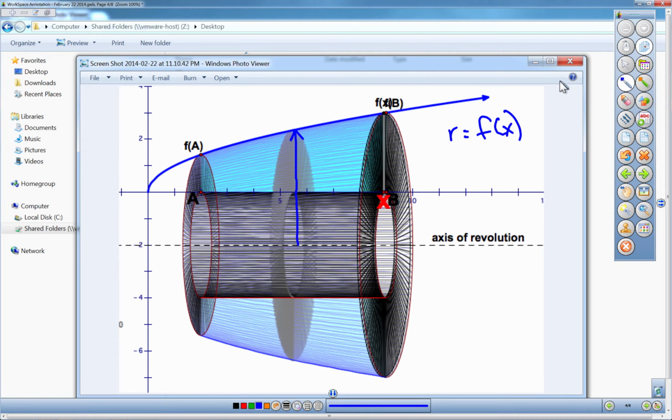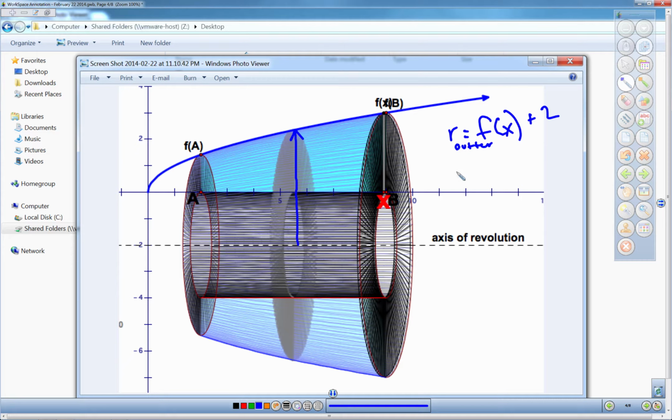The radius is clearly more than just f of x, because this right here is f of x. What else would contribute to this particular radius? Well, we've got not only f of x, but this additional chunk right here. And what is the length of this chunk? It's 2. So the entire radius of the outer circle is actually going to be f of x plus 2. And so this would be the radius of the outer.